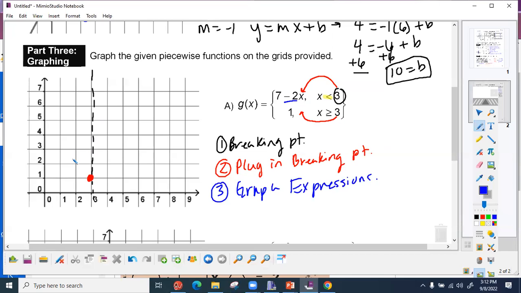Because if I go up, I have to go left in order to be negative. If I go down, I have to go right to be negative, correct? So from my starting point, I'm gonna go 1, 2, and over 1, again and again. And now I have graphed my linear function.